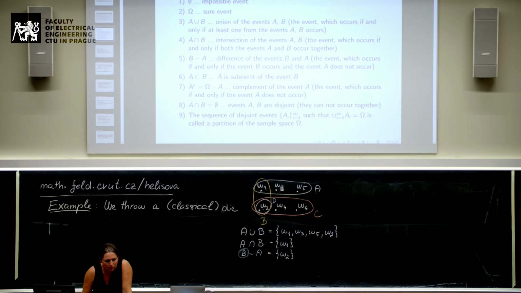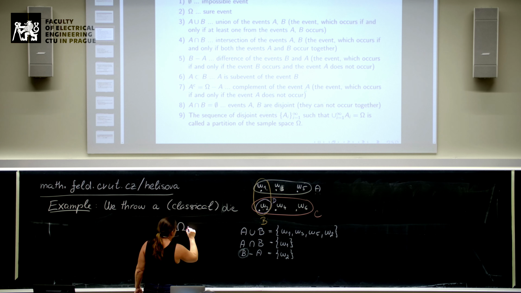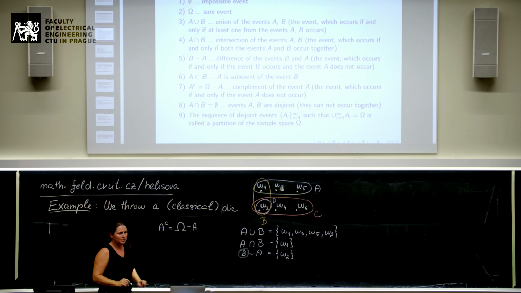We can skip the terminology 6, that something is a sub-event of B. I will talk about it later on the next slide. What is a very important term in probability theory is the term of complement of the event. It is the complement of A in the classical set theory terminology. So the complement of A are the events which occur when A didn't occur.